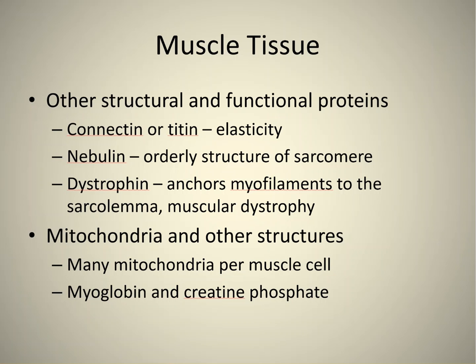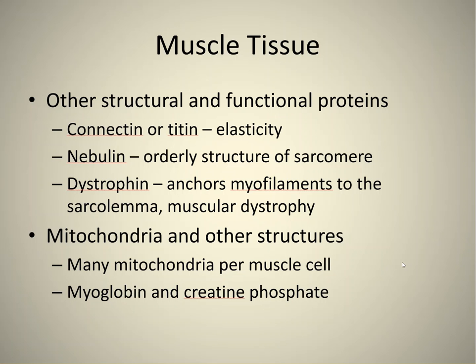There's something called nebulin, which allows the orderly construction of sarcomeres, and there's one called dystrophin, which anchors myofilaments to the sarcolemma and is the protein that is defective in the genetic disease called muscular dystrophy.